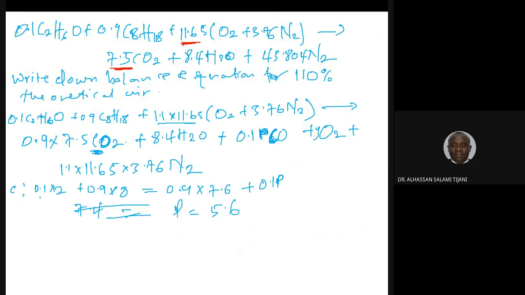So 7.5 times 0.9, plus 0.1 times P. So let me do the calculation again. 0.9 times 7.5, minus 7.4, gives 0.65.